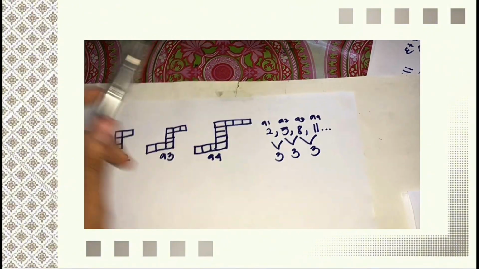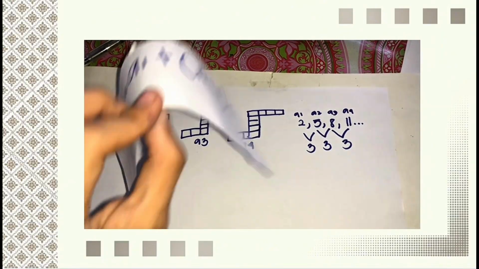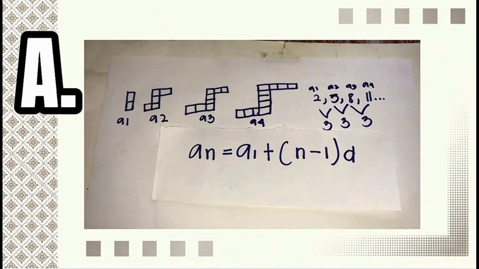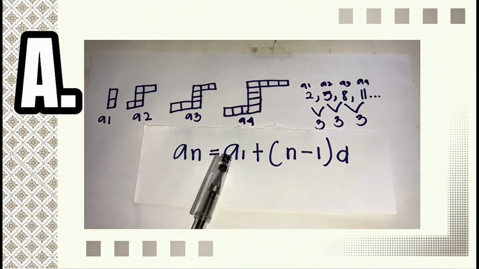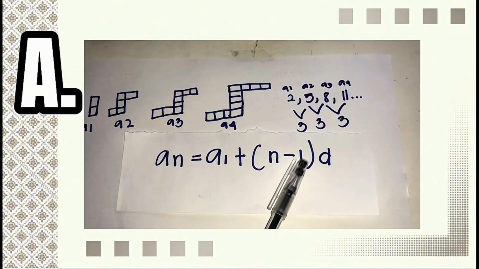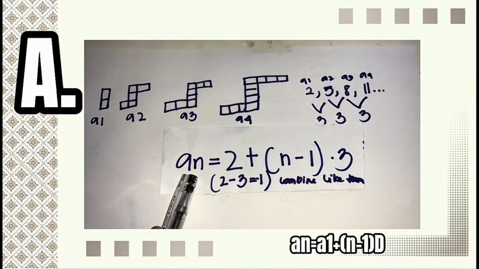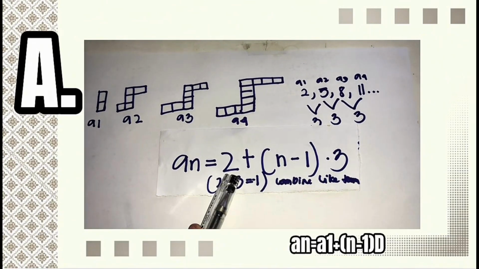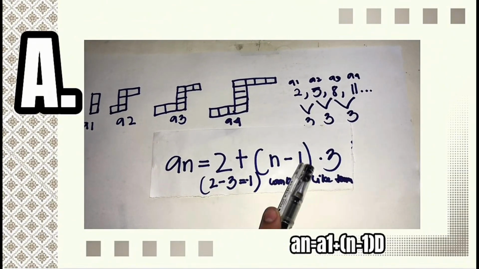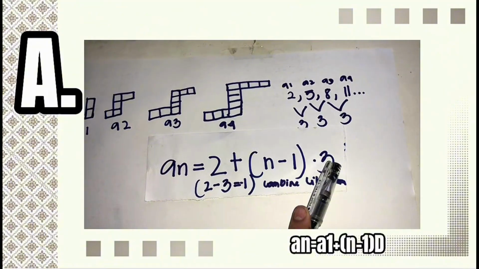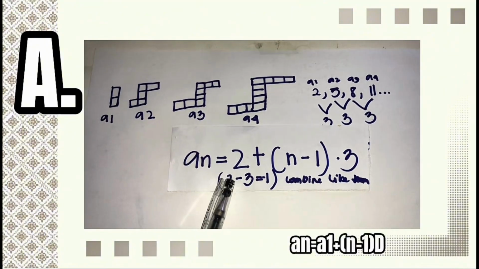So we're going to find the nth term. Just take a look at the arithmetic sequence formula, which is a sub n equals a sub 1 plus n minus 1 times d. Now that we have the formula to follow, just copy a sub n, and a sub 1 is our first term, which is 2.